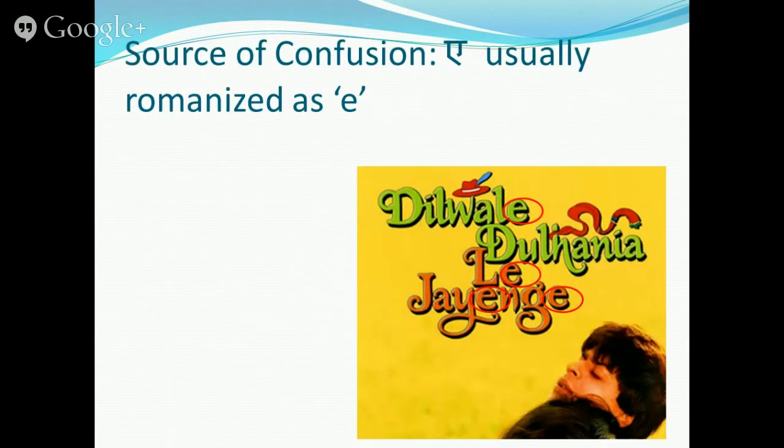One, if we look at this movie title, every time we see the letter E here, this is actually not the English E, the short E, which we think of as le, right? Or even the French E, it's not that either.